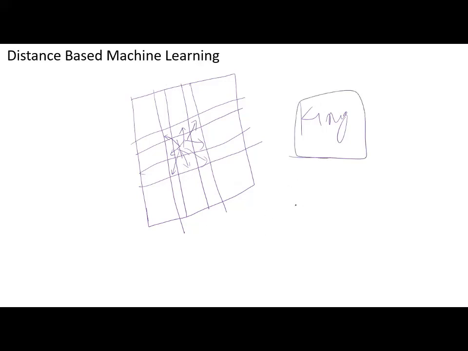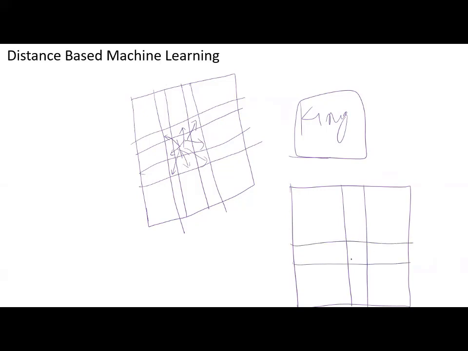Now, if you take a rook, it can go this way, this way, this way, or this way. At a time, any number of moves can be made by the rook, but only horizontal or vertical.